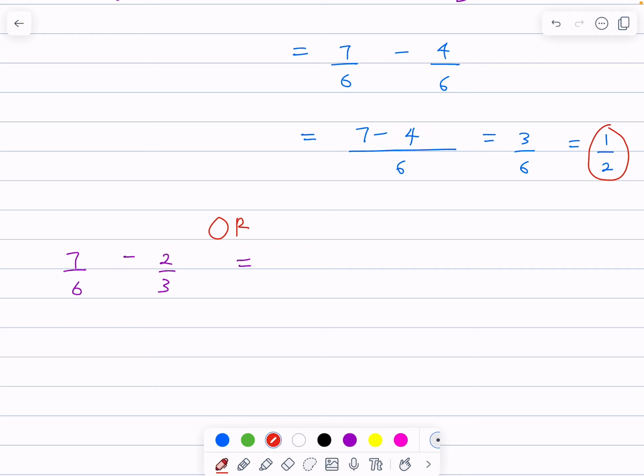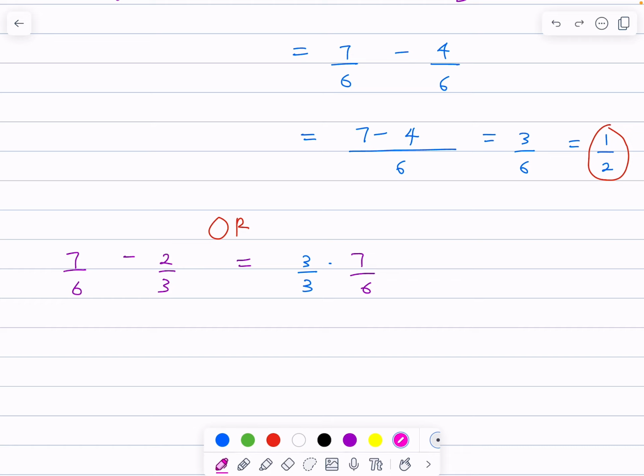So let me multiply 3 over 3. Then I have 7 over 6, right? Then I have minus. So now I'll multiply the top and bottom of this second fraction by the denominator of the first one, which is 6, right?